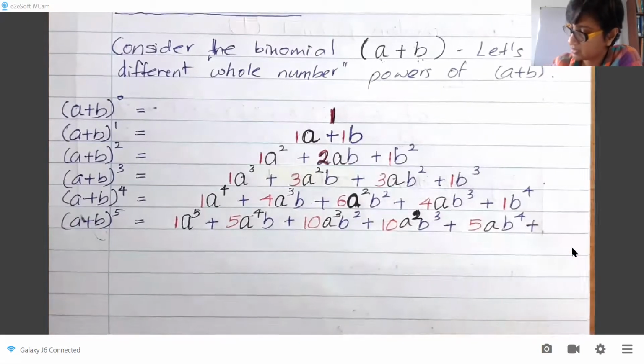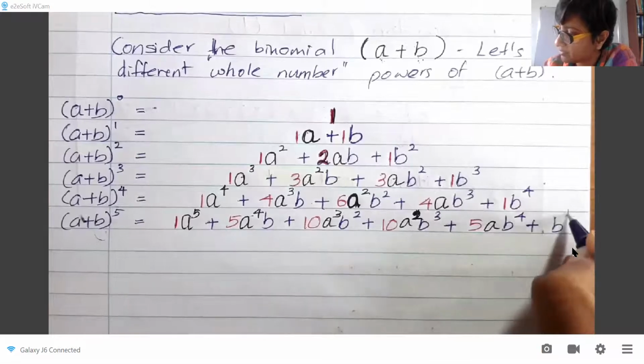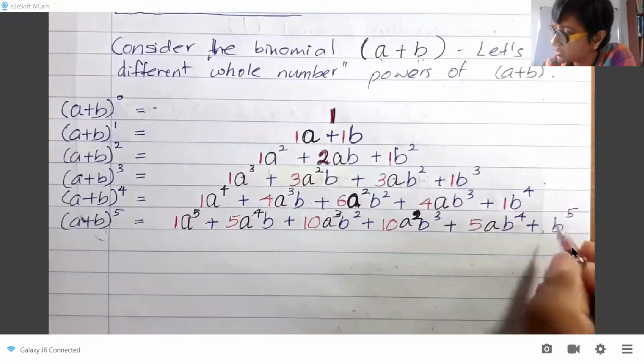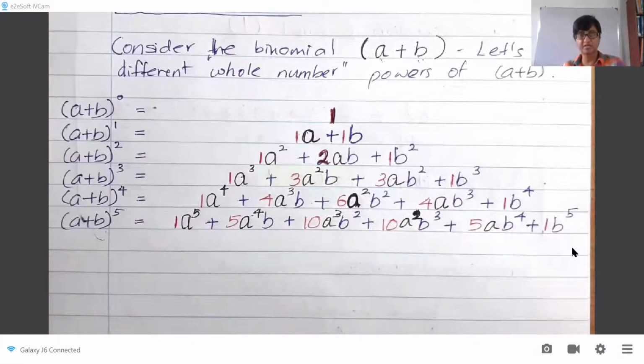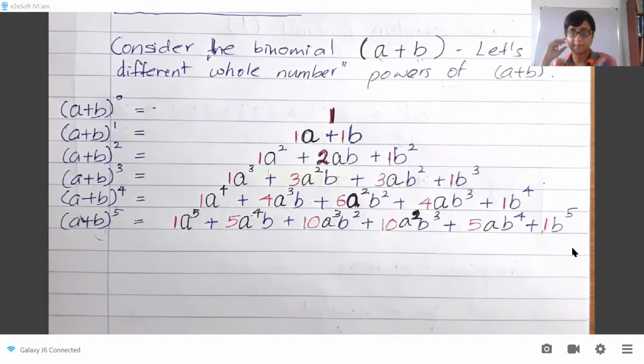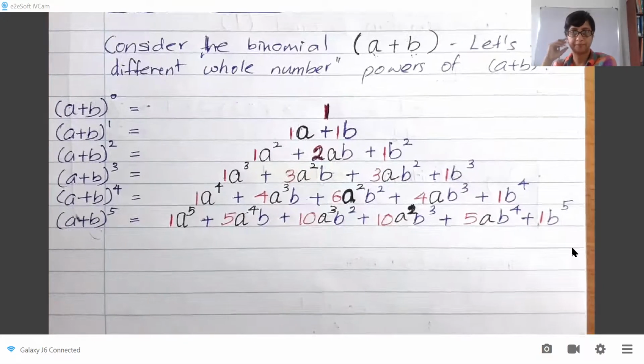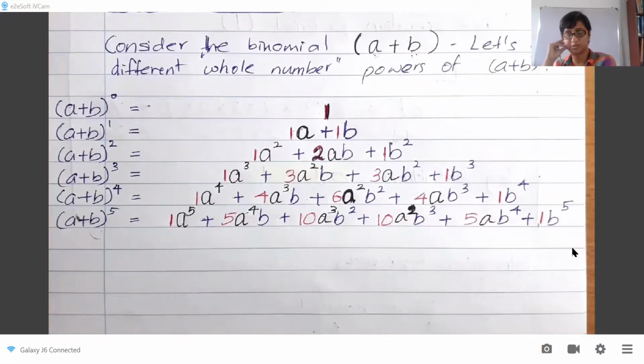Oh, sorry, this is a squared b cube. Plus b to the power of 5, and that would be coefficient 1. I have written all the coefficients of these terms in red. I hope you wrote it with me.